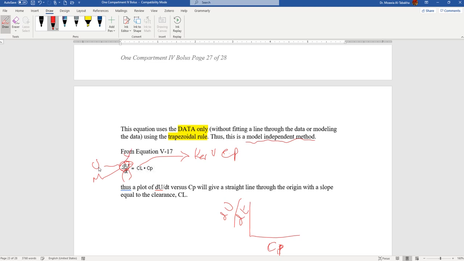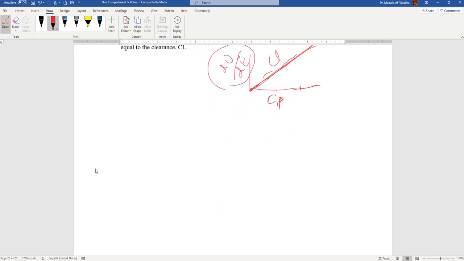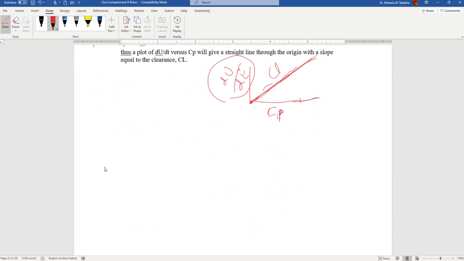So this is y and this is x. You will see that at zero concentration nothing gets out, 0 0, and as you increase the concentration, more of the drug is getting eliminated. The slope of this line will be equal to the clearance. Okay, so this is another relationship that you need to be familiar with.